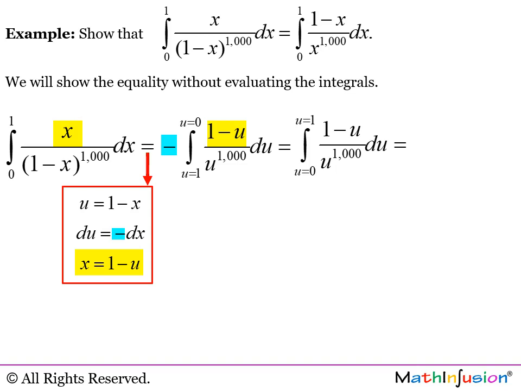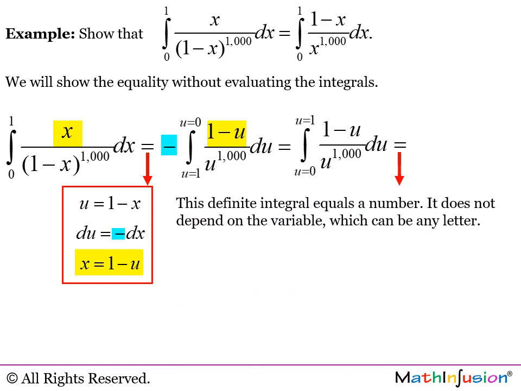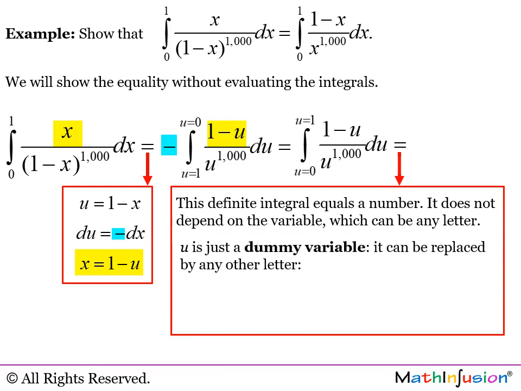This is weird because if I really look up, I see that I already have the integral that I wanted, but instead of x I have u. And the thing is, does it really matter? The answer is no. This is a definite integral. So when you substitute numbers, you get numbers. It does not depend on the variables, which can be any letter. So maybe it is surprising, but not so. u is just a dummy variable.